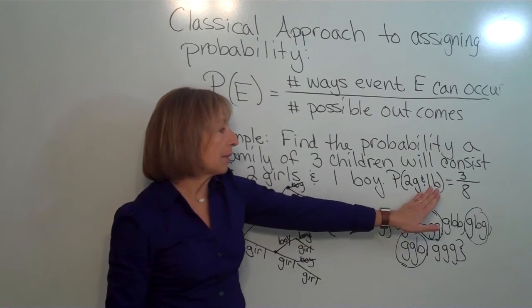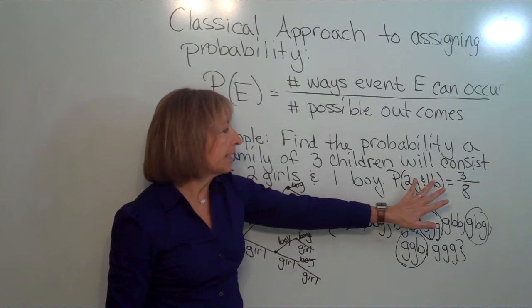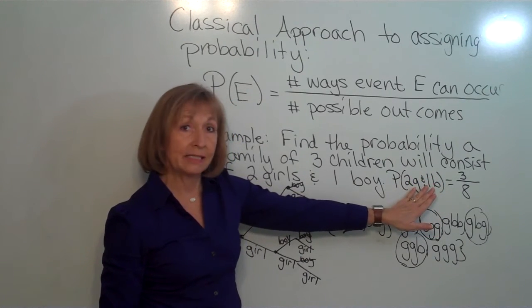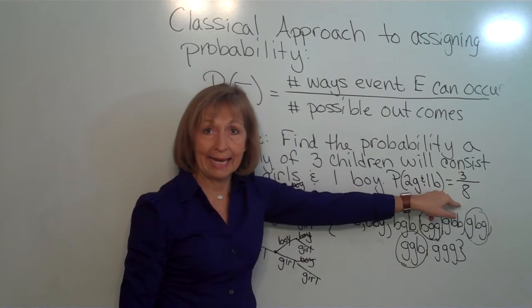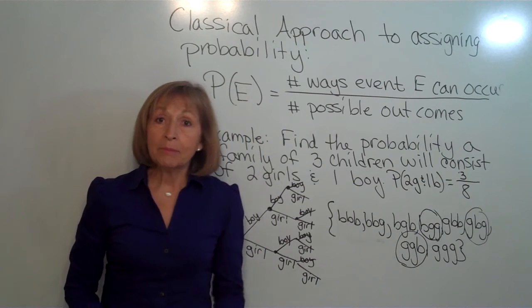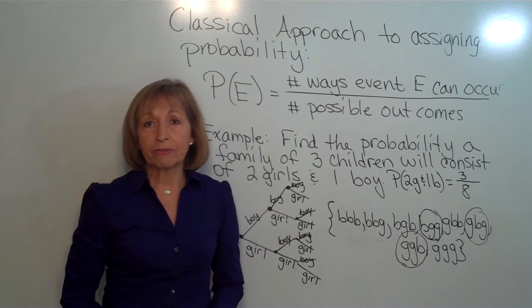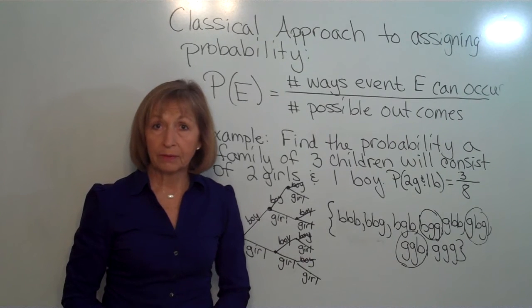And so that gives me that my probability of having 3 children that consist of 2 girls and 1 boy is 3/8.